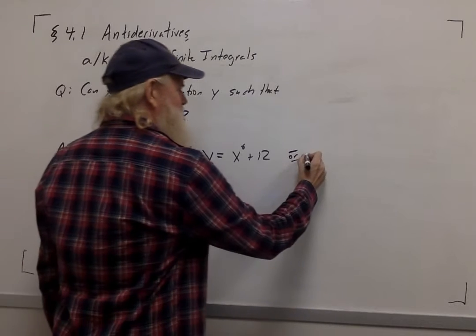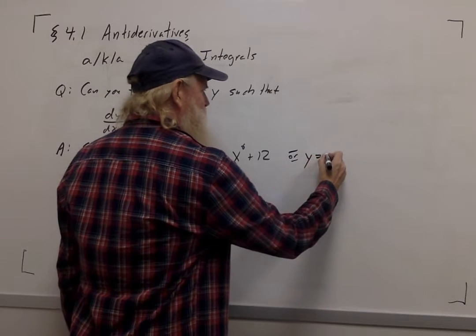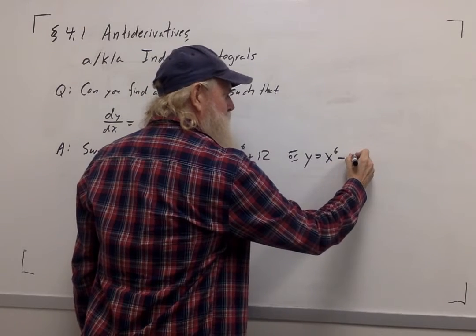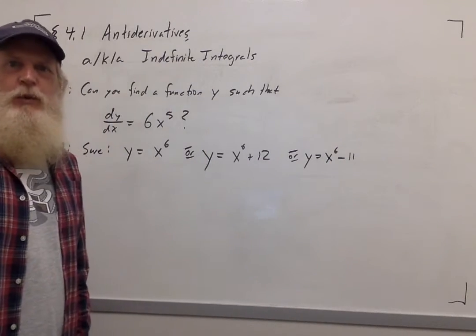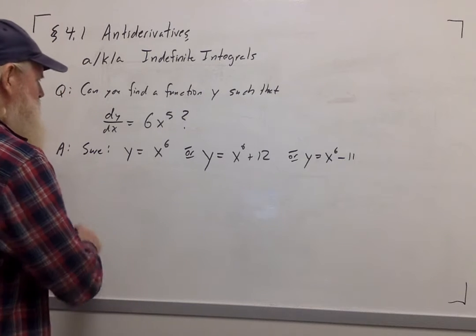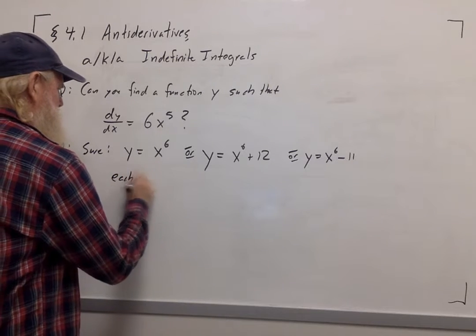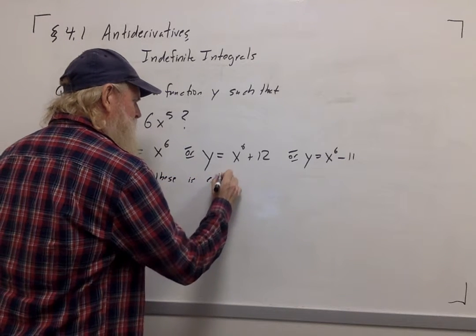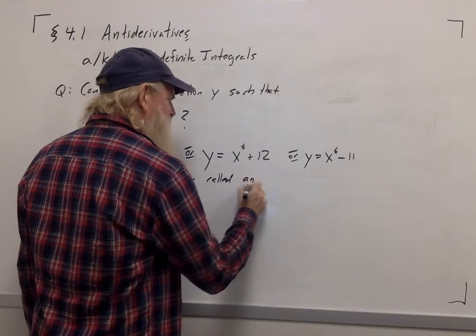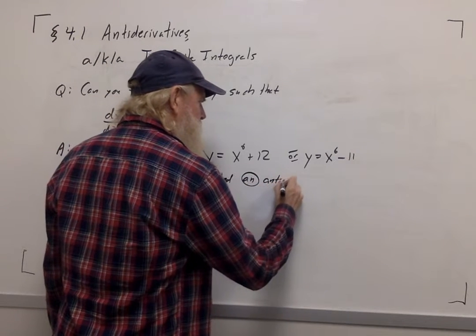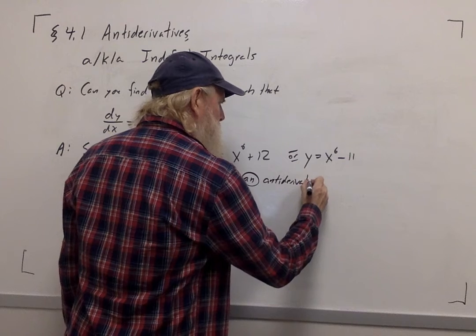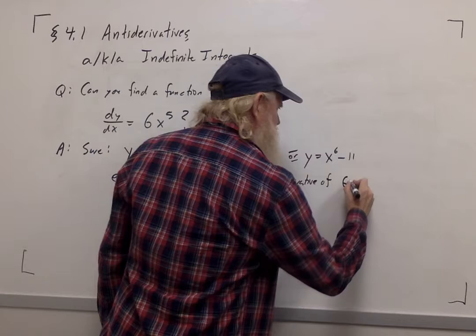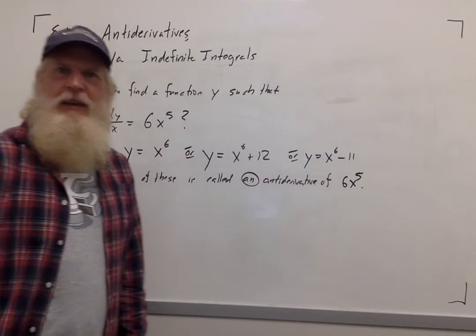And now you can guess that there would be lots of other possibilities. x to the sixth minus 11, for example, would be another one which worked. So each of these is called an antiderivative of 6x to the fifth.